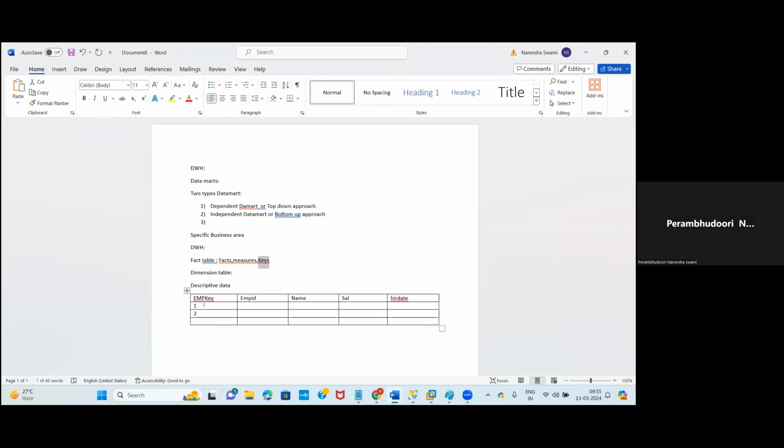So these keys, which are generated and loaded in the dimension table, will be loaded into the fact table after the dimension table load. In every data warehouse, first the data load happens to the dimension tables, and only then the fact table data load happens.